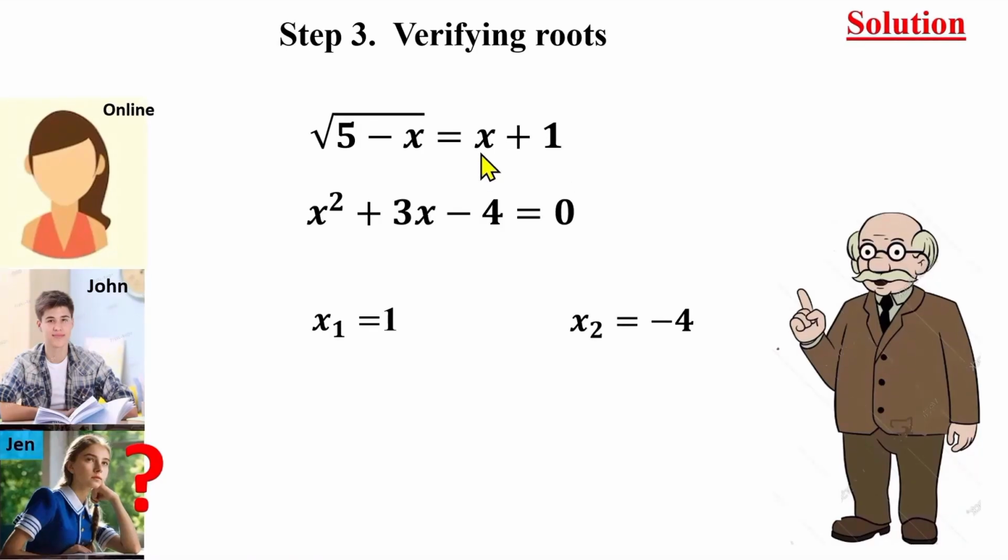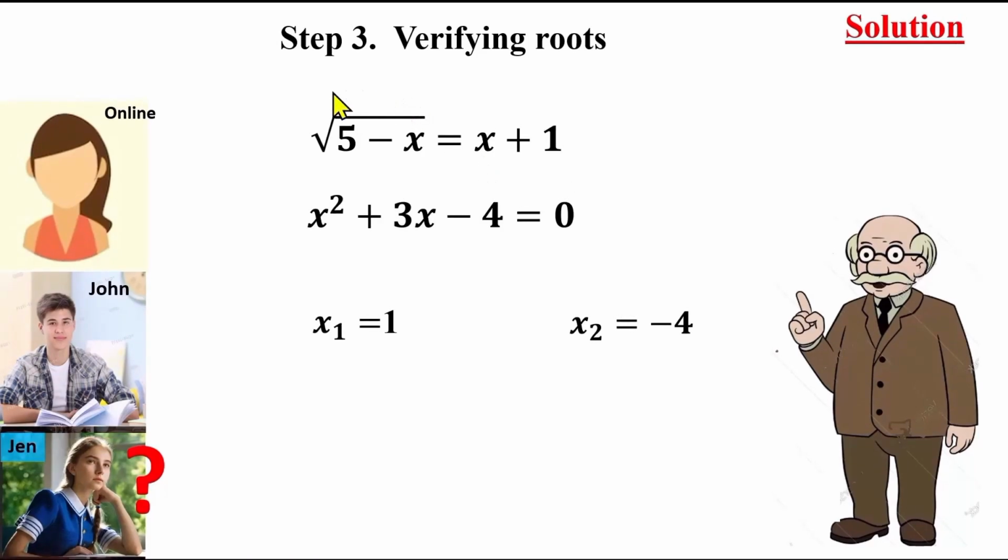It cannot be negative because on the left-hand side we have non-negative value, 5 minus x square root. So the right-hand side must be also non-negative, or x should be greater or equal negative 1. This condition is additional restriction to domain of this equation.